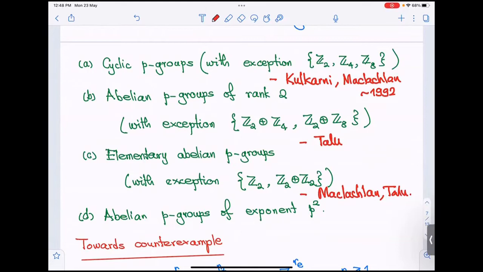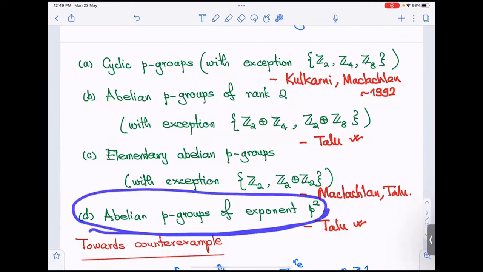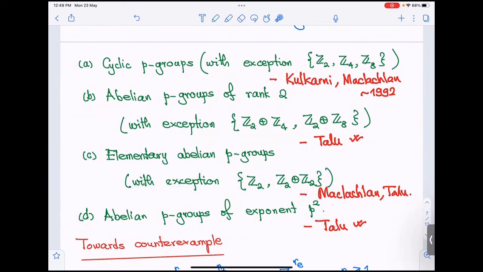And she went ahead with computing the rank 2 case and also the abelian P group of exponent P square case. These two facts appeared in the Journal of Korean Math. Okay, I don't remember the exact details, but this is exactly the place where people started suspecting that probably this is a conjecture. So if you get very high rank but stick to the exponent being P square, then without any exception, these conjectures start looking to be true.